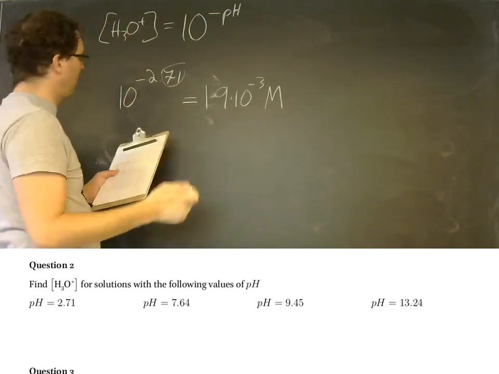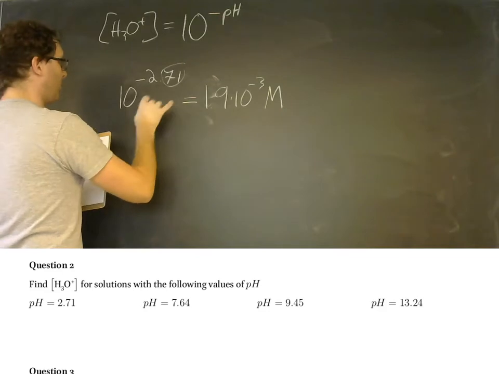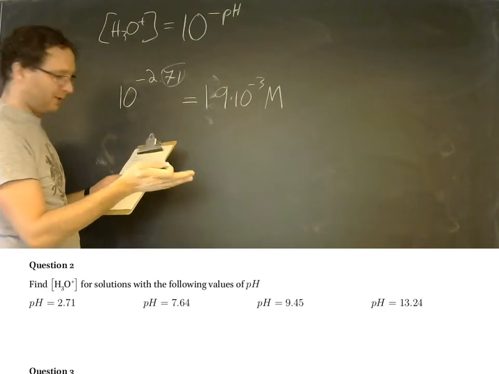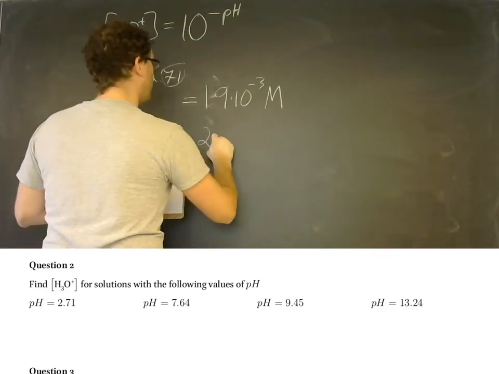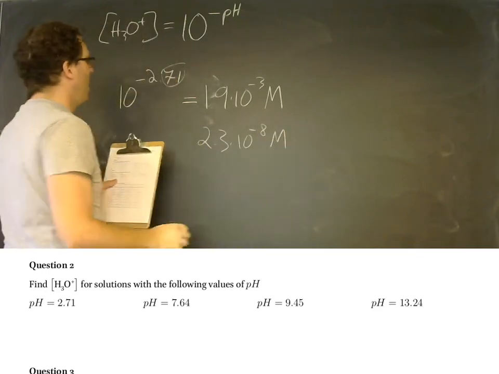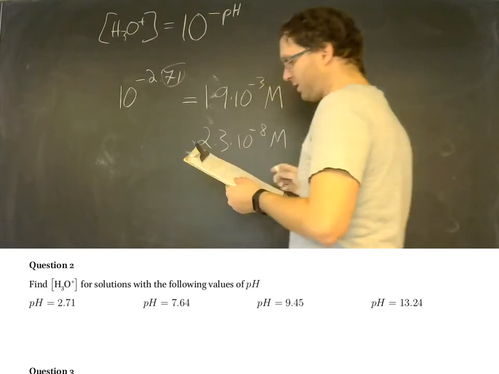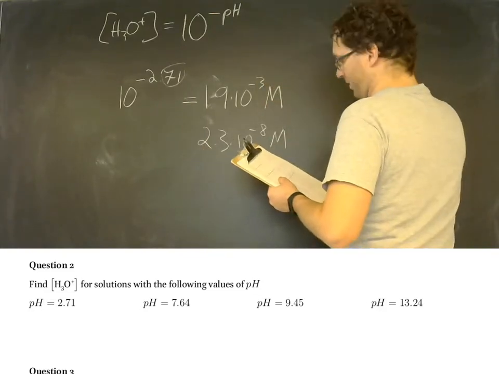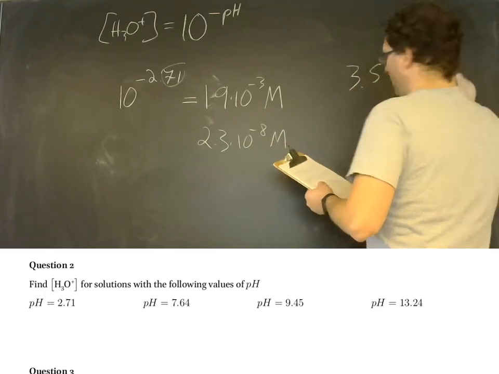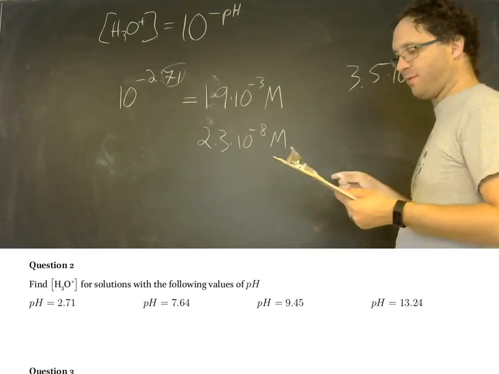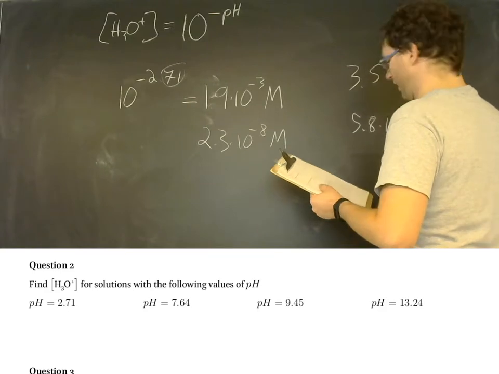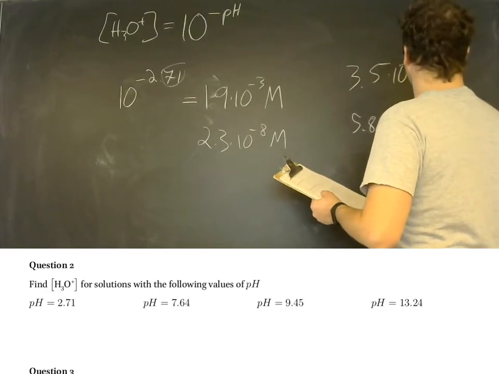And again, I won't reproduce the equation for all of these, but the next one, pH of 7.64, that's going to be 2.3 times 10 to the negative 8th molar. And pH of 9.45 is going to be 3.5 times 10 to the negative 10th molar. And a pH of 13.24 is 5.8 times 10 to the negative 14th molar.